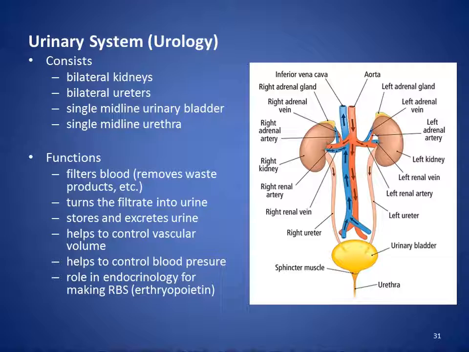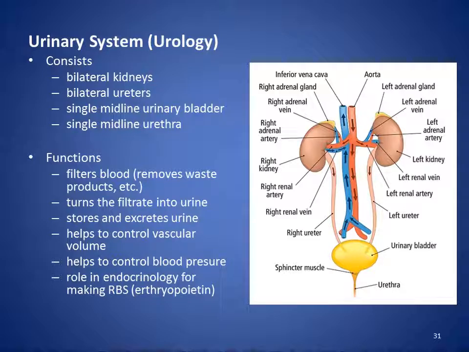Urology is that branch of clinical medicine that deals with the urinary system, and the urinary system consists of a variety of bilateral or paired structures as well as some midline components. These include the kidneys, the ureters, the urinary bladder, and the urethra.